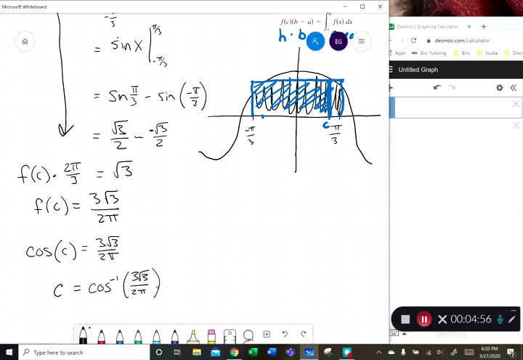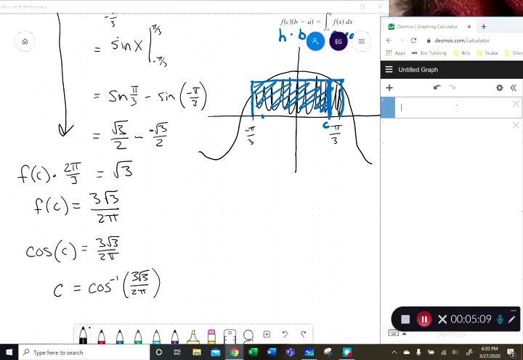I'm going to come over here to Desmos to evaluate this. The cosine inverse of 3 times the square root of 3, all divided by 2 pi.